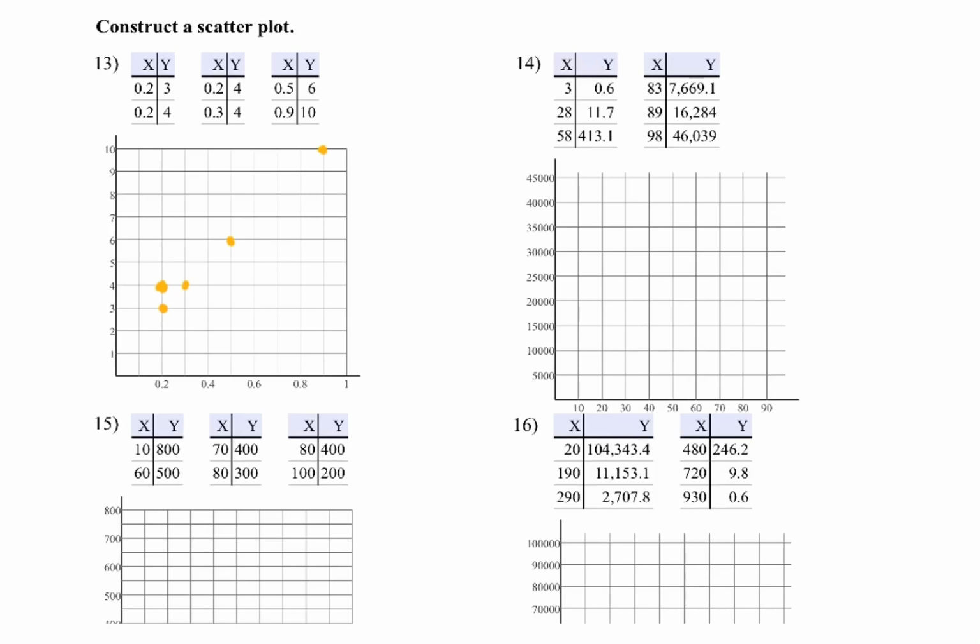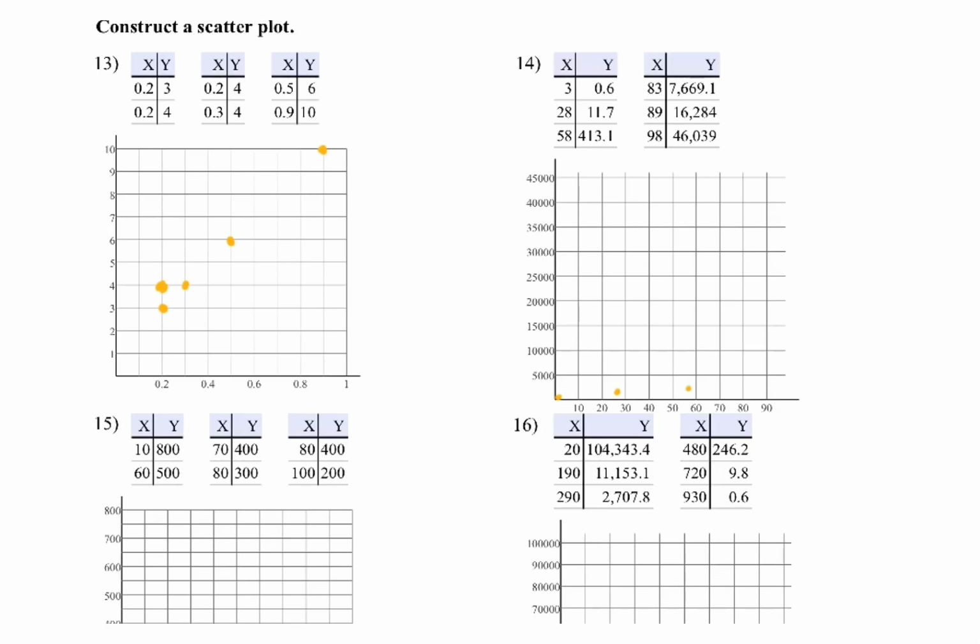So number 14, now it's not so easy, right? Because (3, 0.6) would be really close down there. Then (28, 11) would be slightly higher. (58, 413) would still be pretty low.